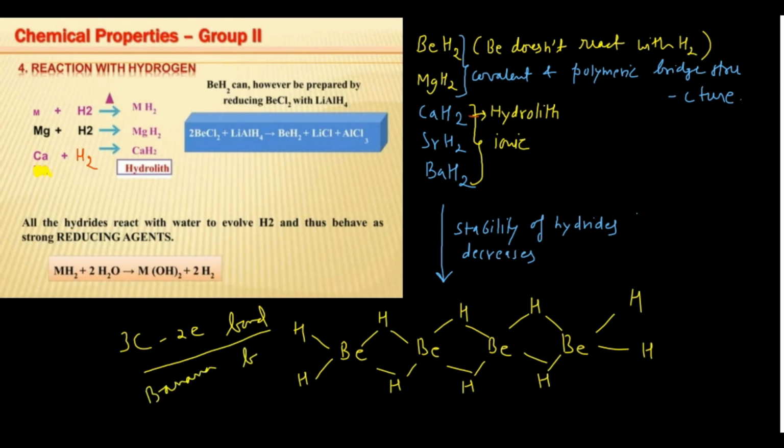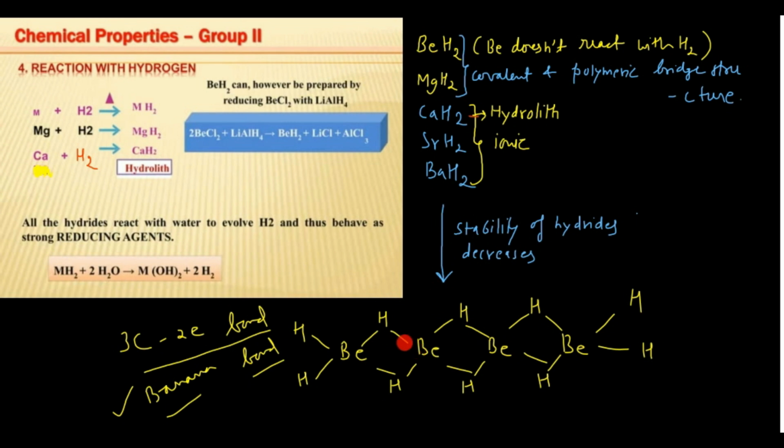If you go through the hybridization and the orbital picture, then you will be able to know what the banana bond is. If you don't know what the banana bond is, I'll discuss this in an upcoming lecture. So please remember, three center bonds are present in which your banana shaped molecular orbitals cover three atoms. Like what three atoms? You see, beryllium, hydrogen, beryllium.